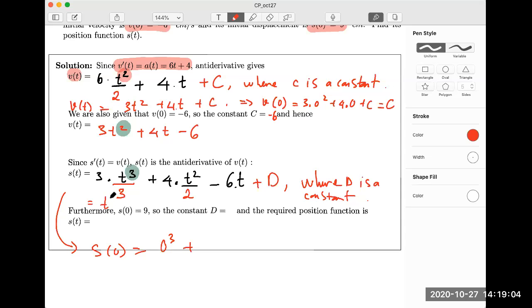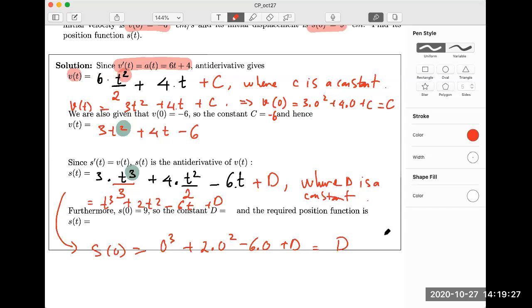It is t cubed plus 2t squared minus 6t plus d, right? So at time 0, it would be 0 cubed plus 2 times 0 squared minus 6 times 0 plus d, which means it would be d, right?